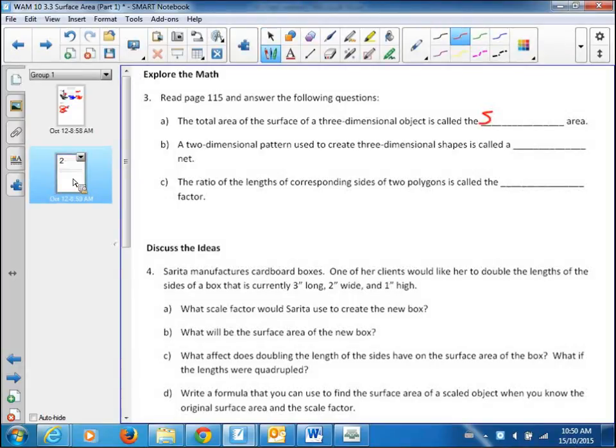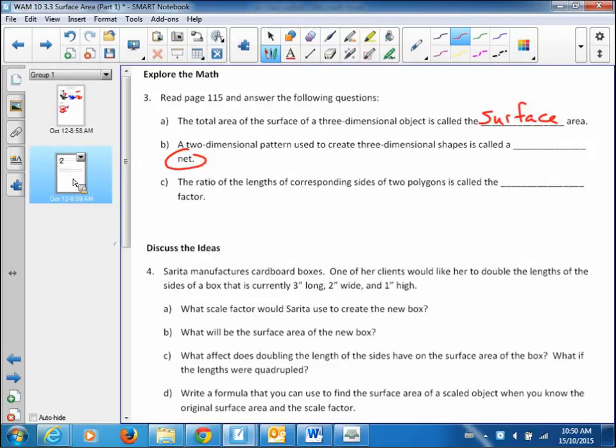We'll be finding those in the other one. The two-dimensional pattern used to create a 3D shape, I just call it a net. If you fold it up, or whatever there, we're going to call it a net.